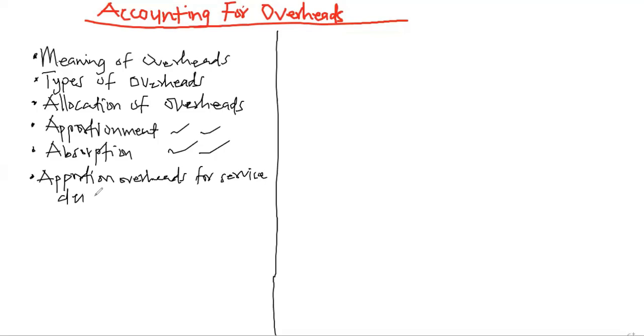If there is a service department that is assisting the production department, we need to make some apportioning. Then lastly, we look at the concept of over and under absorption.